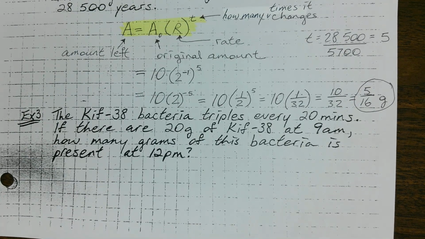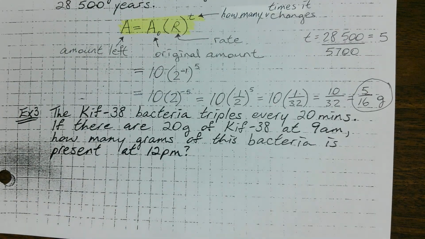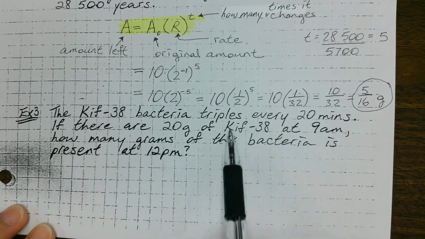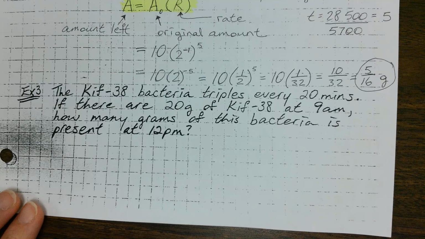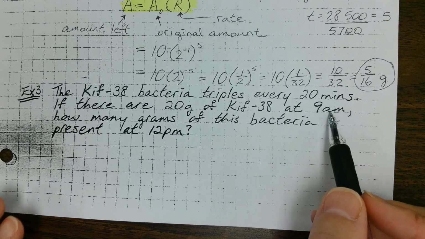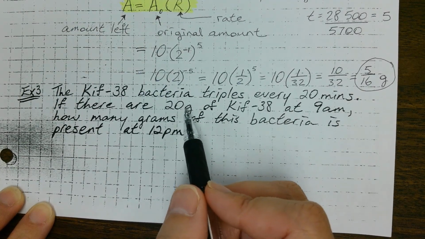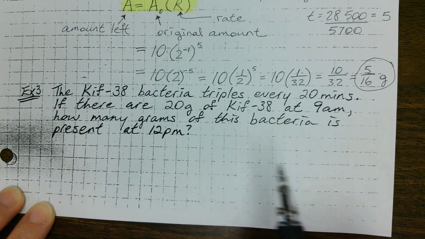Thank you. If you're in science, none of the names really mean anything. So this is just a name. This bacteria that's on your desk is going to triple every 20 minutes.